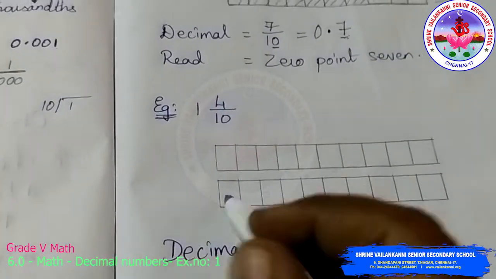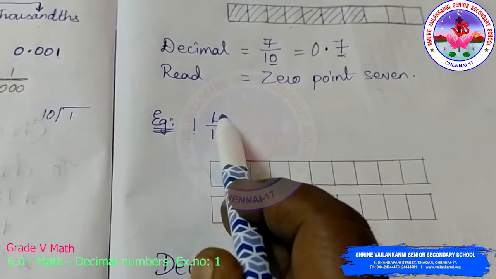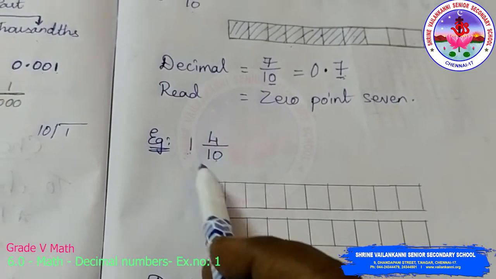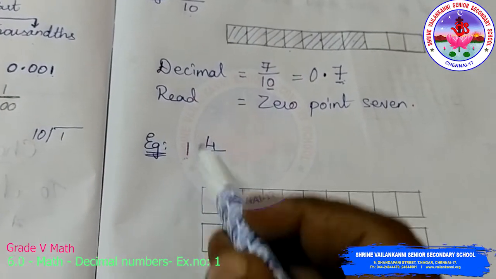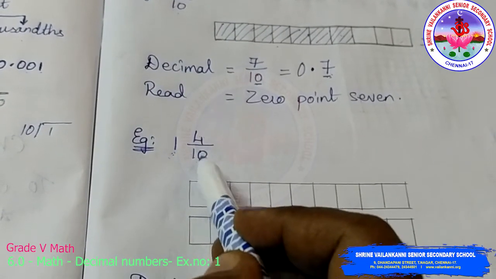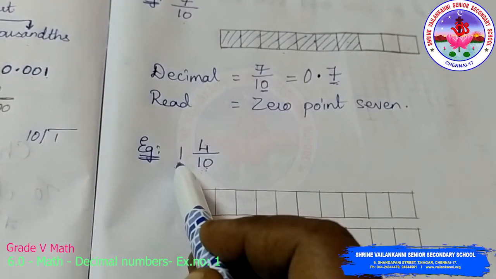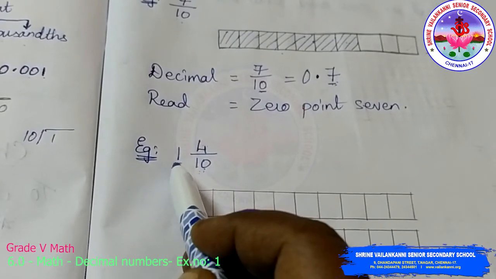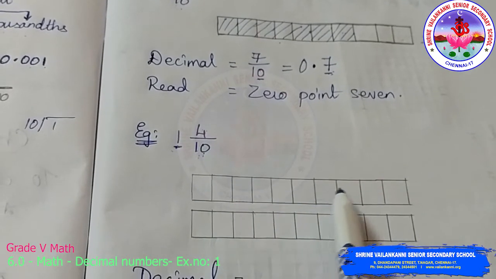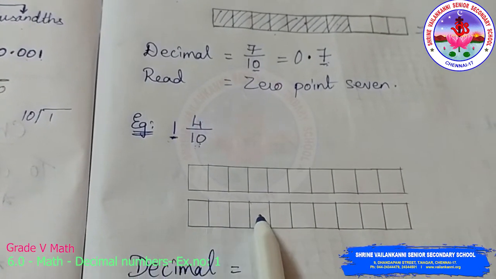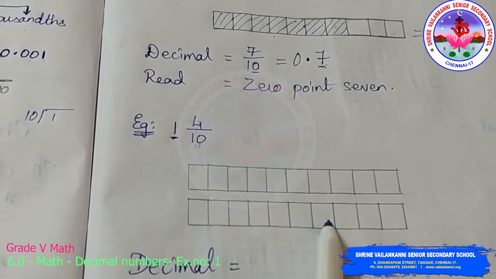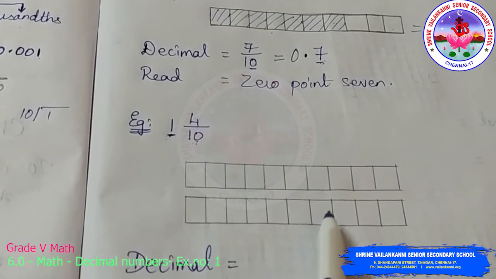Okay. One more example, 1 4 by 10. This is your mixed number. You know very well, this 1 is your whole number and this 4 by 10 is your fraction. So that 1, 2, 3, 4, 5, 6, 7, 8, 9, 10. Both the shapes are divided into 10 equal parts.